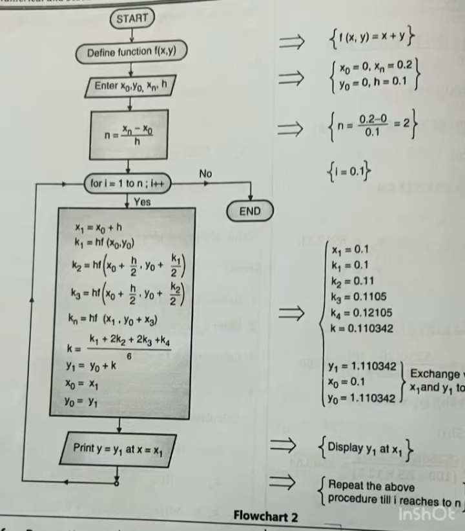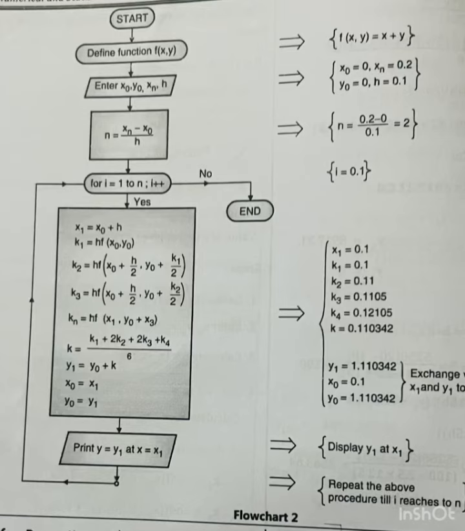After that we put a for loop and write all the formulas for the Runge-Kutta fourth order method: x1, k1, k2, k3. Here they have written kn, but we have to write k4 over there. Then the formula of y1, x0 equals x1, y0 equals y1, and then simply print.